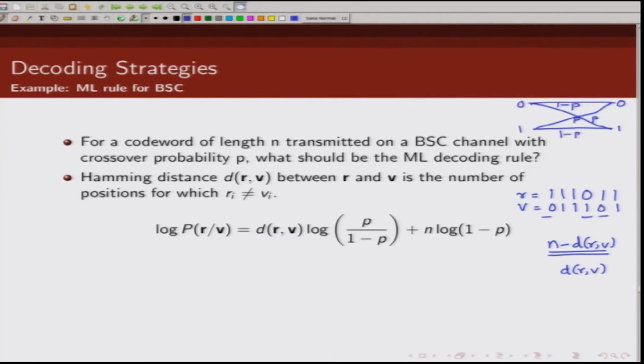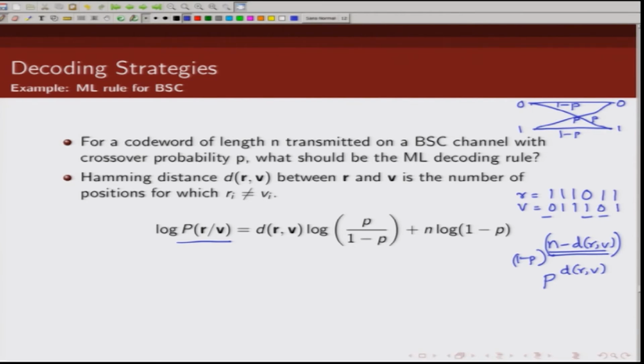So, what is the probability that d bits got flipped? That is given by p raised to the power d(R,V), and the probability that n minus d bits were received correctly is given by 1 minus p raised to the power n minus d. So, we can write the probability of R given V as p raised to the power d into 1 minus p raised to the power n minus d.